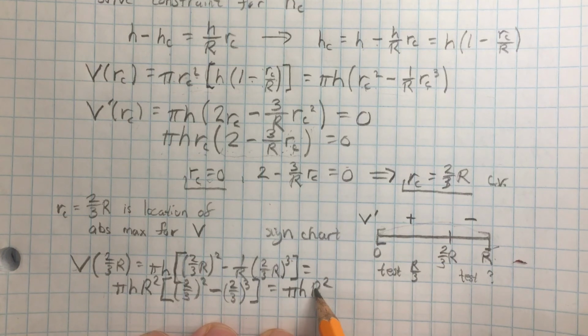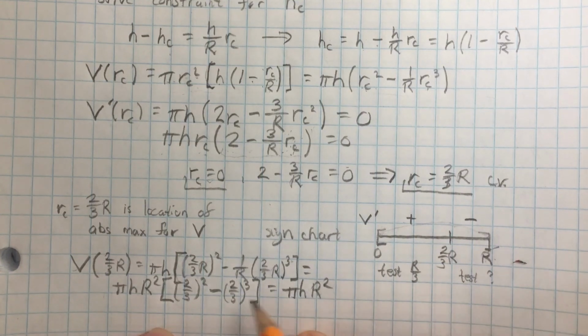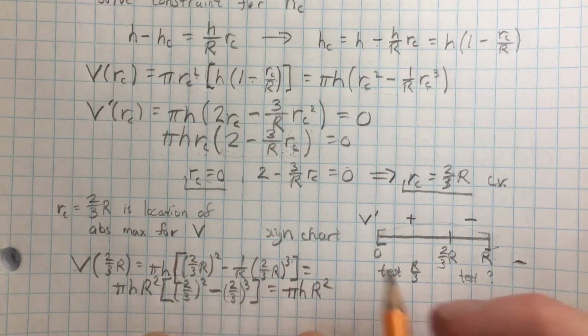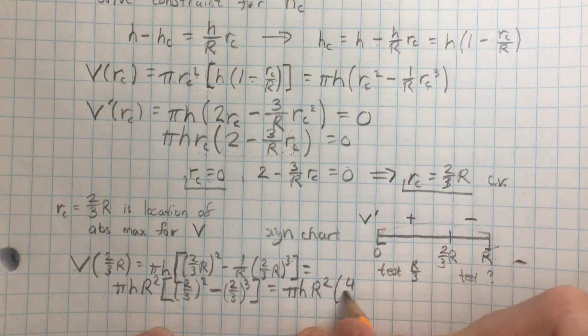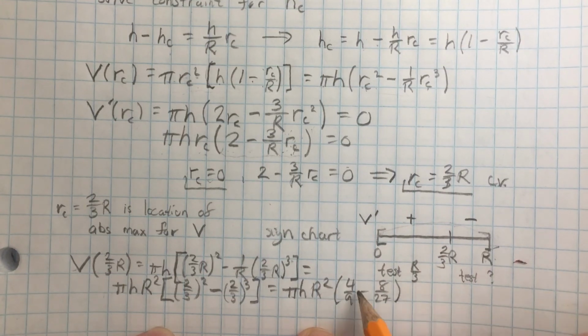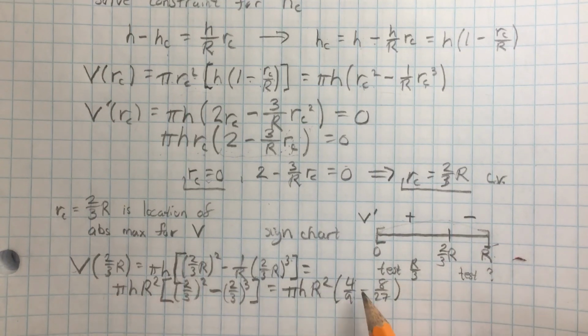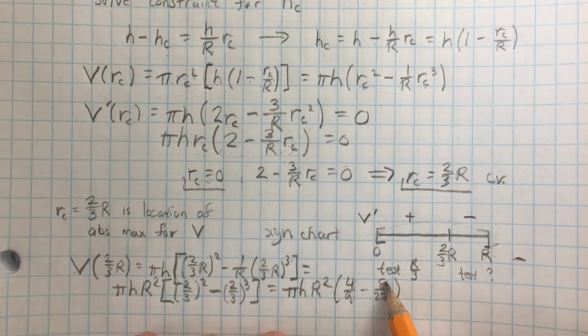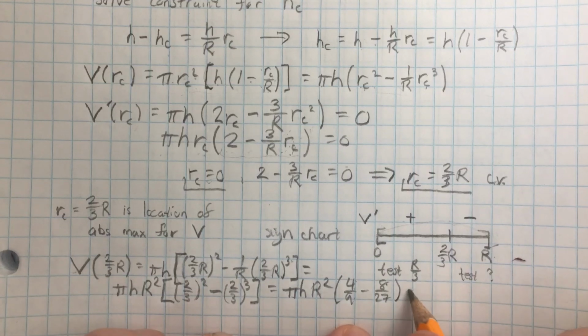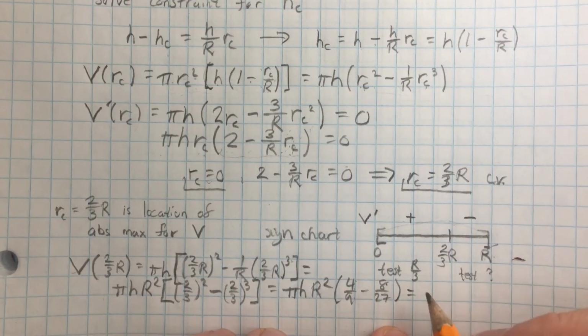Remember, this R squared is a constant. It is the radius of the cone. And now I just need to take 4/9 minus 8/27. If I just give this a 3 on 3, we'd have 12 minus 8 on 27. So 12 minus 8 is 4, so we'll have 4/27.